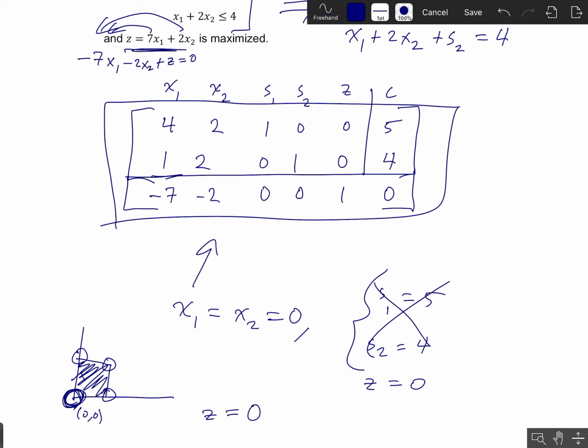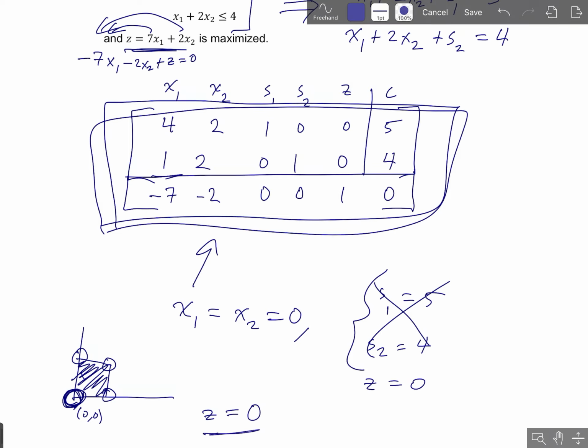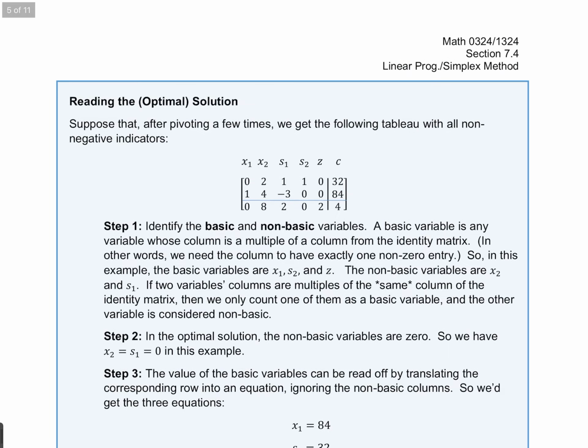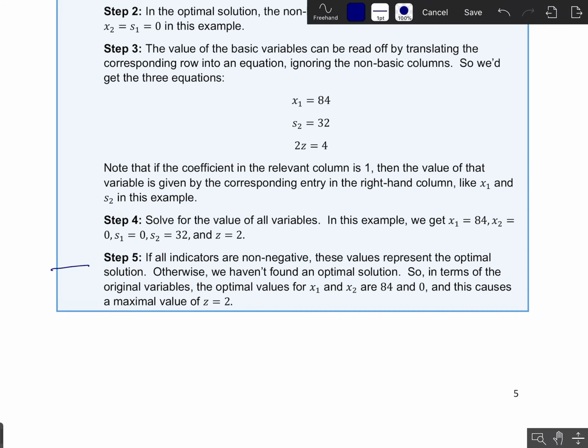So notice that here, if I just read this matrix and interpret it, I'm not going to be reading off the optimal solution. Z equals 0 is not the optimal z value. So how do we know when we found the optimal z value? That's part of step 5 here. It says if all of the indicators are non-negative, then we do have the optimal solution.